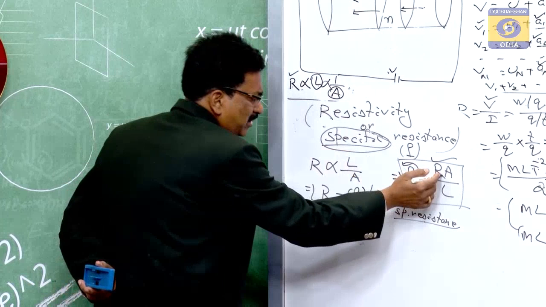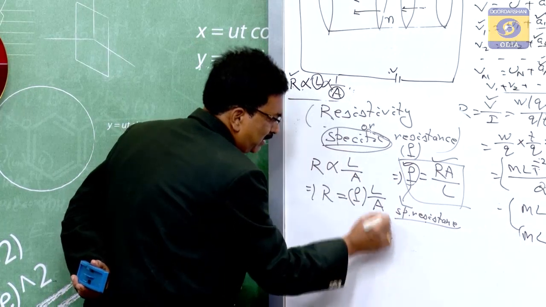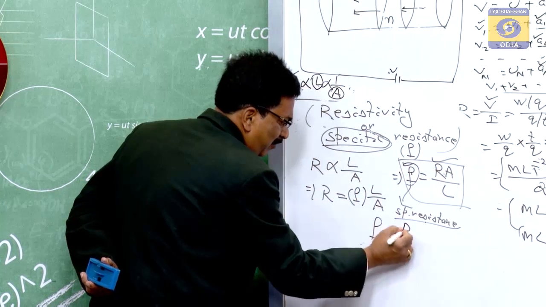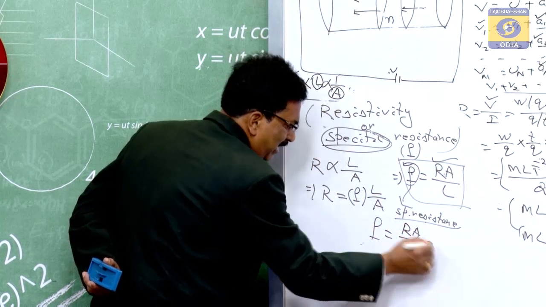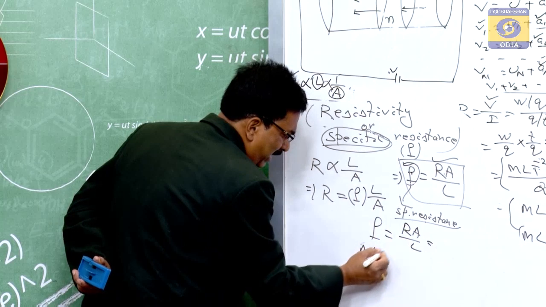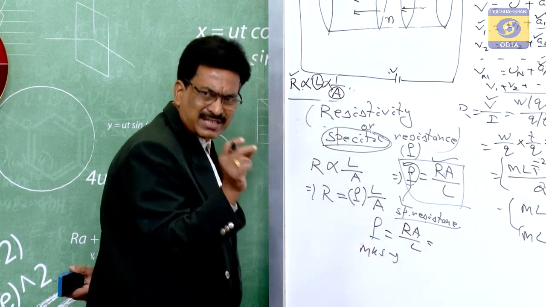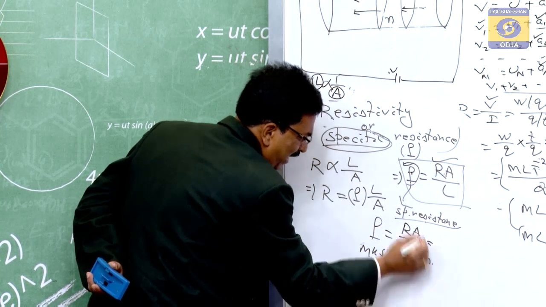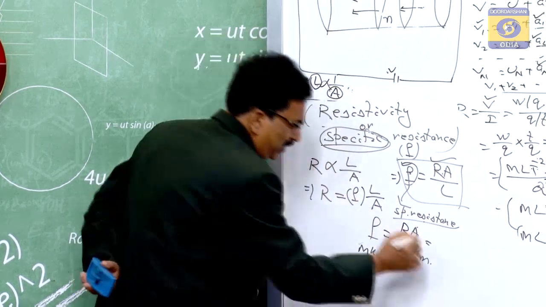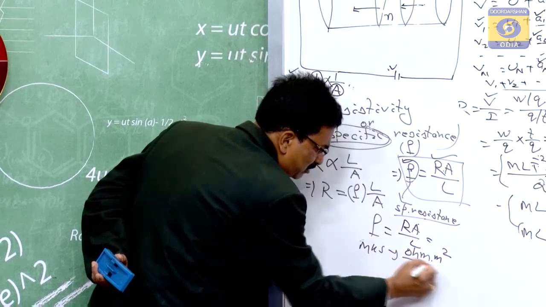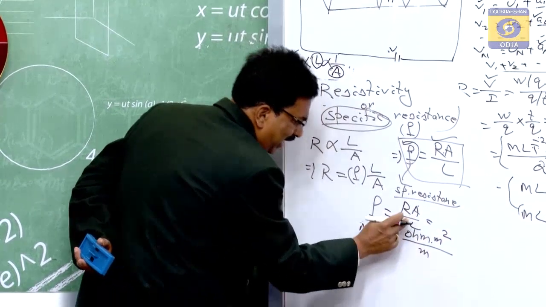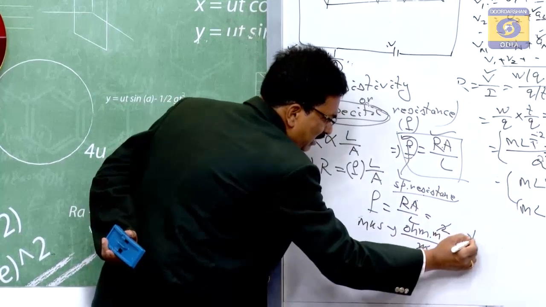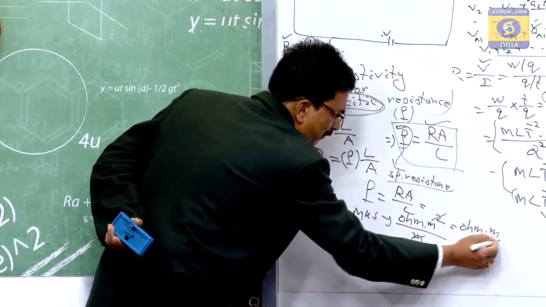If we go for its unit, what will be the unit of the specific resistance? As I said, it depends upon the formula, which is R A by L. In MKS, R, the resistance, has the unit ohm. A, the area, has the unit meter square, divided by L, the length, which is meter. So, meter cancels with meter square, and that equals ohm meter.